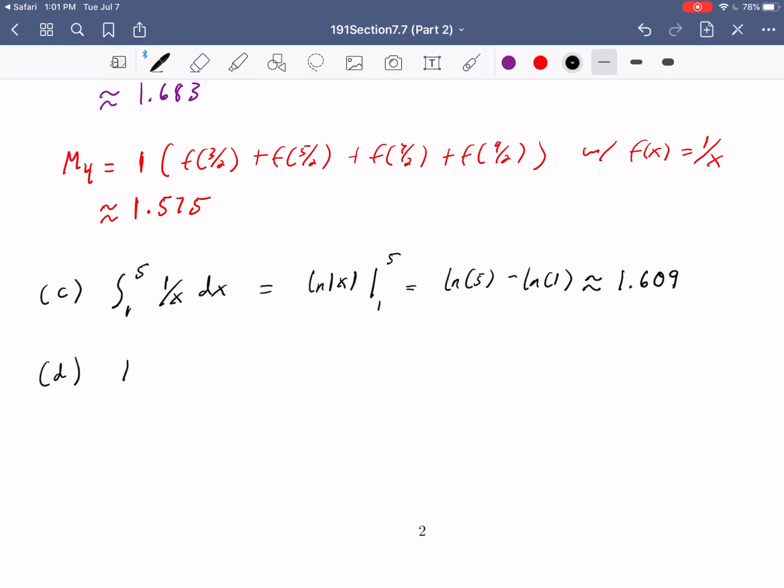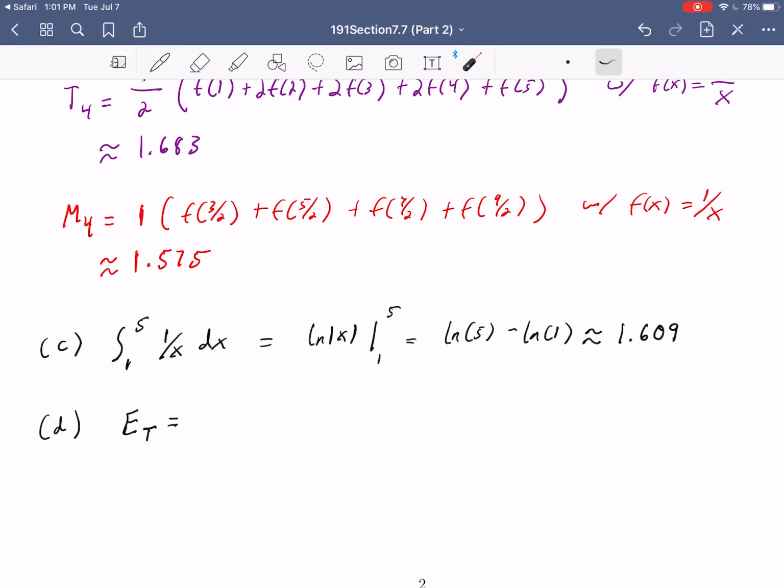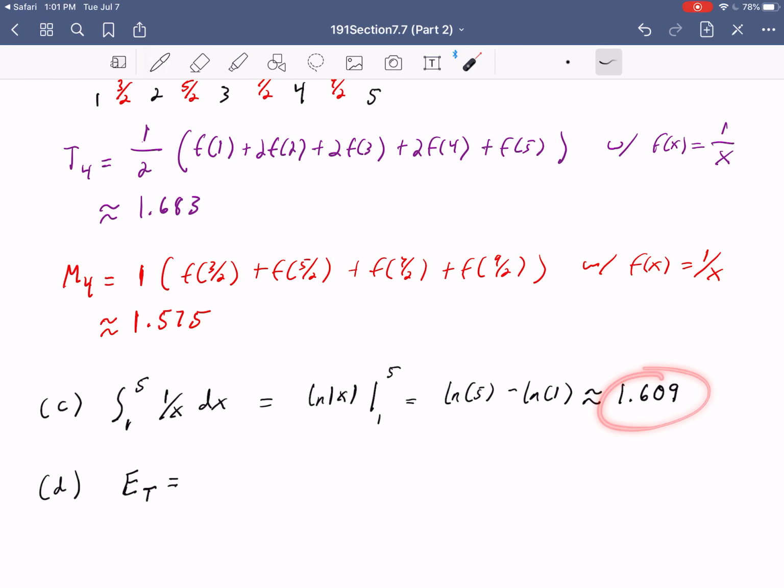If we're looking at the error for the trapezoidal rule, the error would be what our actual value is, which is 1.609, minus the estimate from the trapezoidal rule, which is that 1.683.